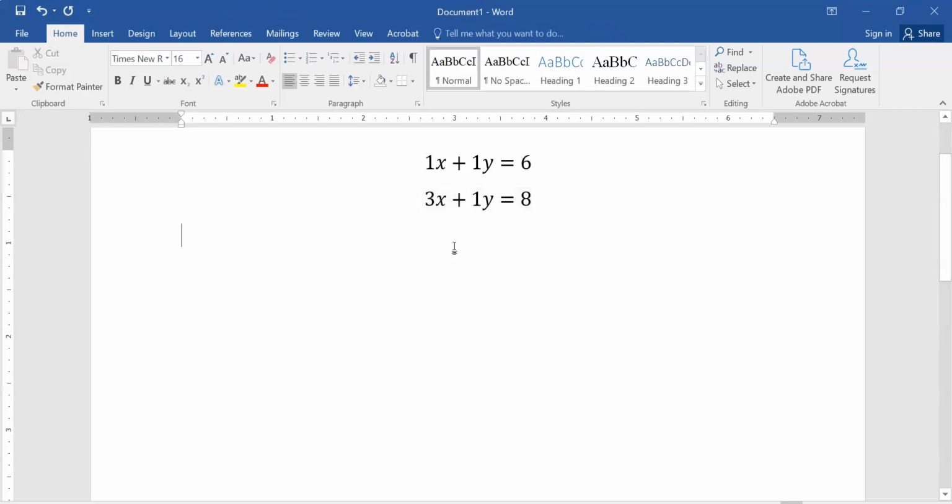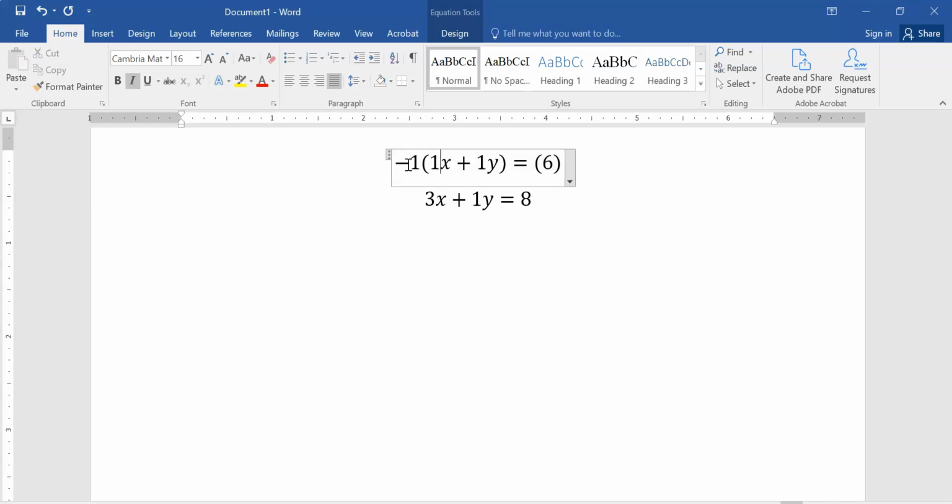Now, I'm going to eliminate the y's again, but again, I keep saying you could eliminate the x's. No need to do that. So what I'm going to do is take this first equation, and on both sides, since this coefficient of y was a 1, we're going to multiply by -1 on the left and -1 on the right hand side of that equation.